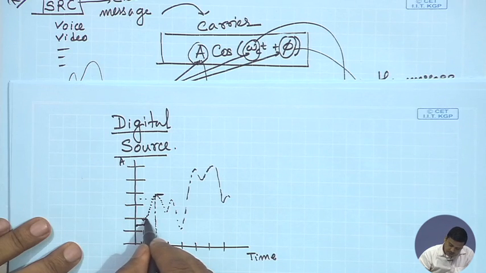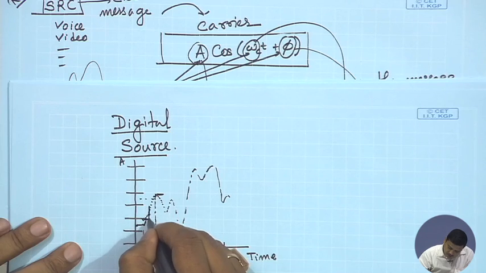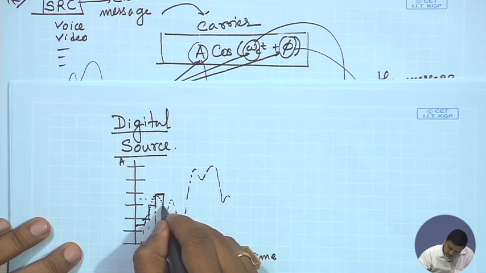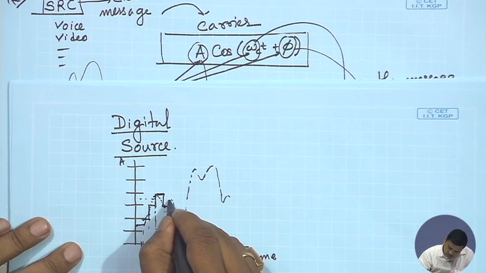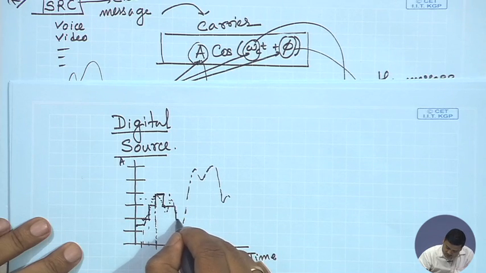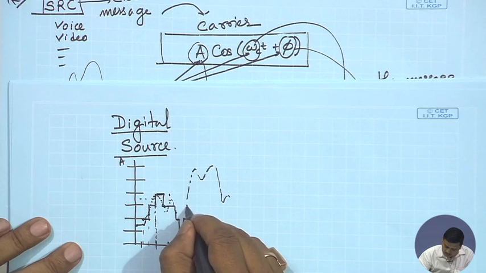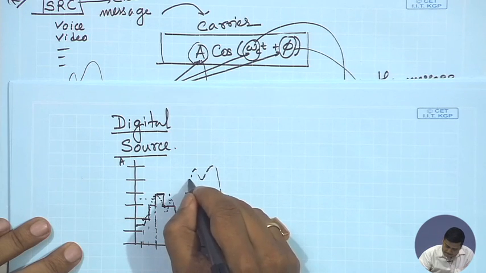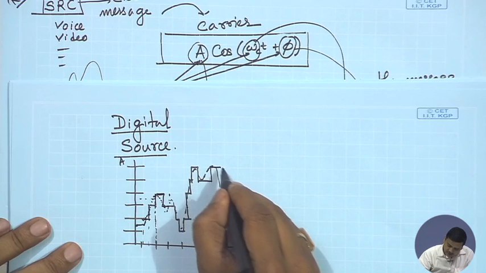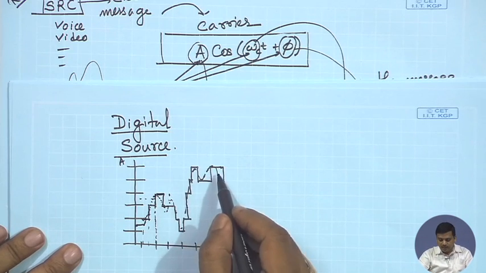So roughly speaking, if I were to sample here, I would get a better resolution picture. I could say that I have a message which is almost like the one that I have drawn. What I'm trying to emphasize at this point is that it is taking discrete values, right? And the wave shape looks similar, only it is discrete.